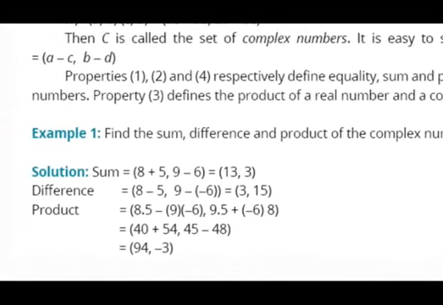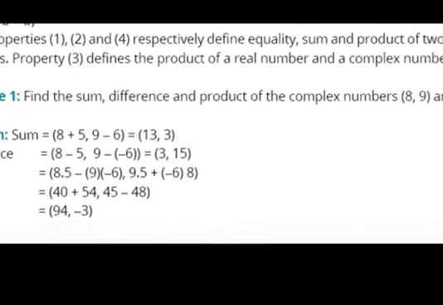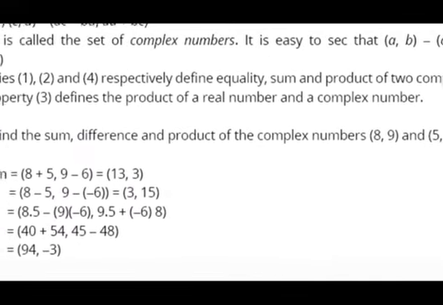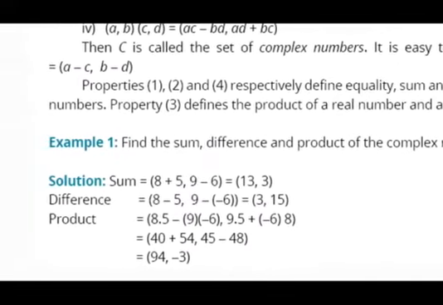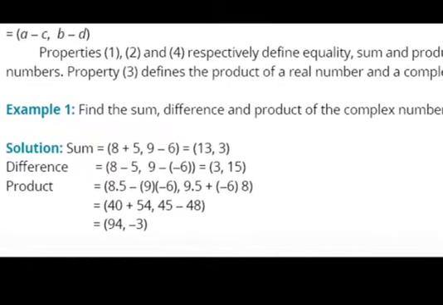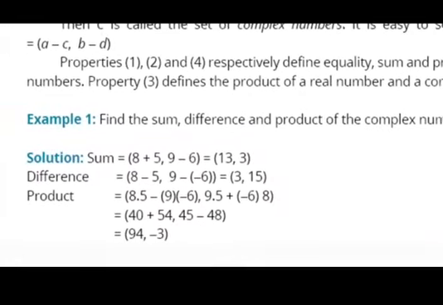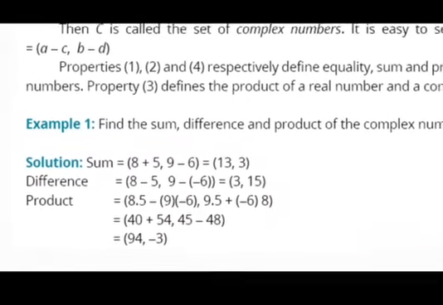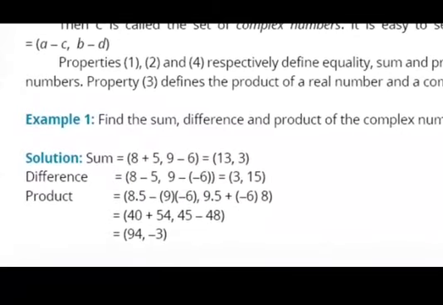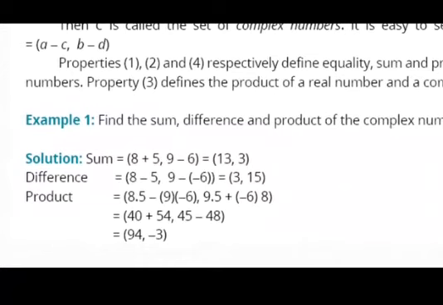Example number 1: sum, difference and product of complex numbers 8, 9 and 5, minus 6. Sum: real part adds to real part, imaginary part to imaginary part. Difference, same as sum: real minus real and imaginary minus imaginary.